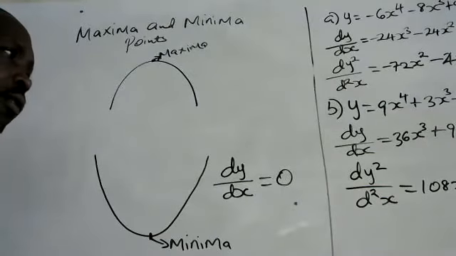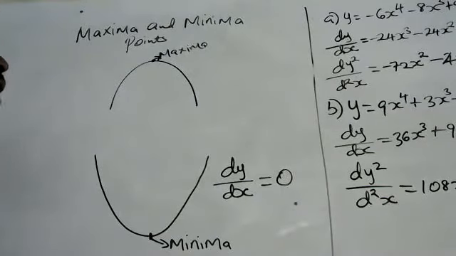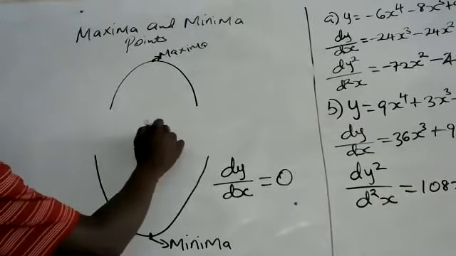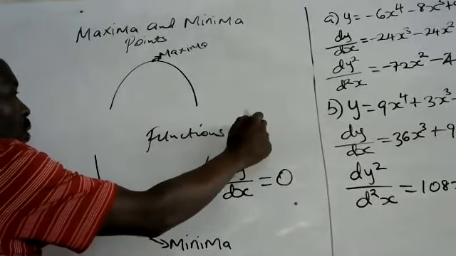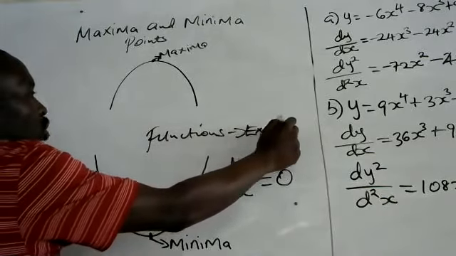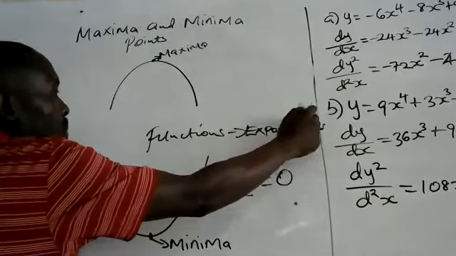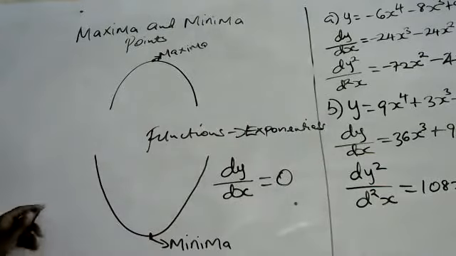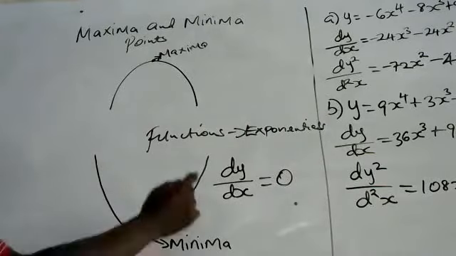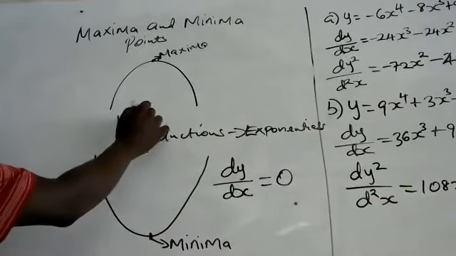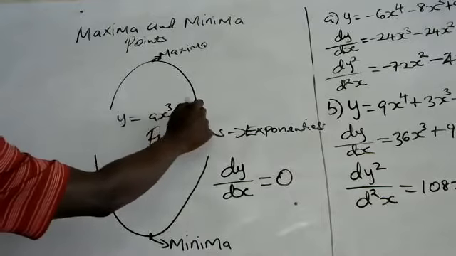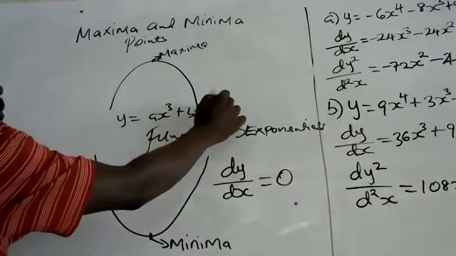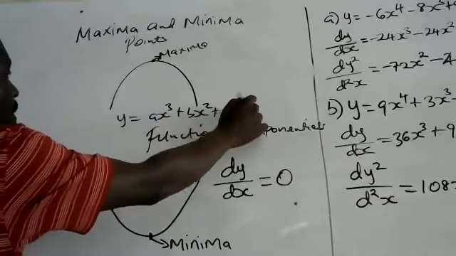So I want you to understand this. Calculus is normally applicable to functions, and these functions are what we normally call the exponential. An exponential curve is a curve with a function in the form y is equal to ax cubed plus bx squared plus cx maybe plus d.